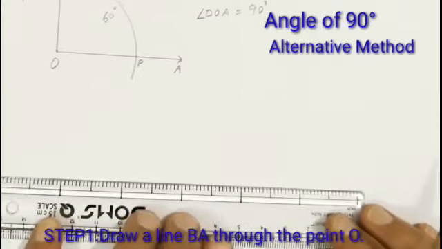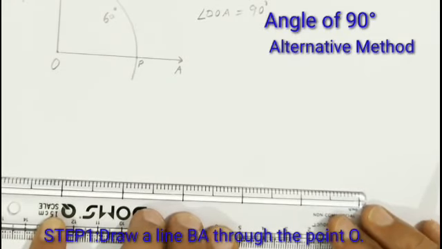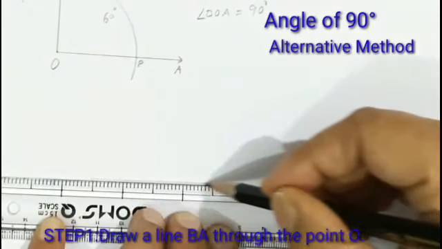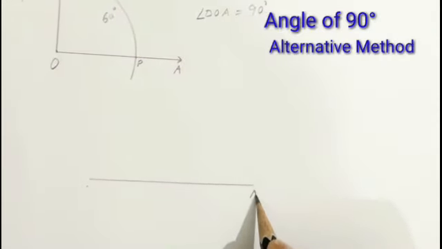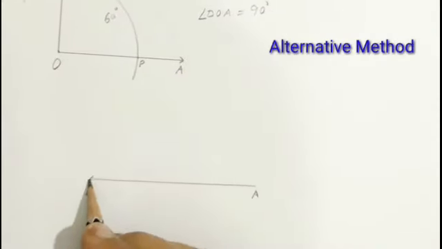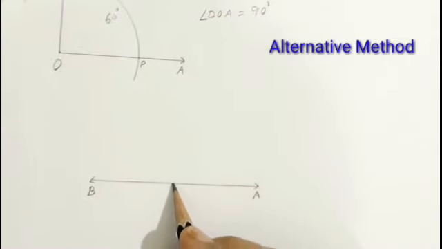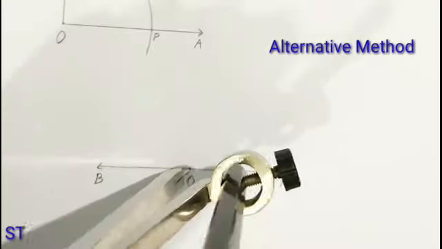The alternative method of making an angle of 90 degrees. Step 1. Draw a line AB passing through point O. Step 2.